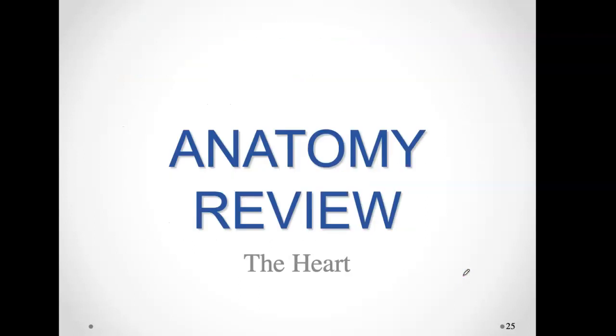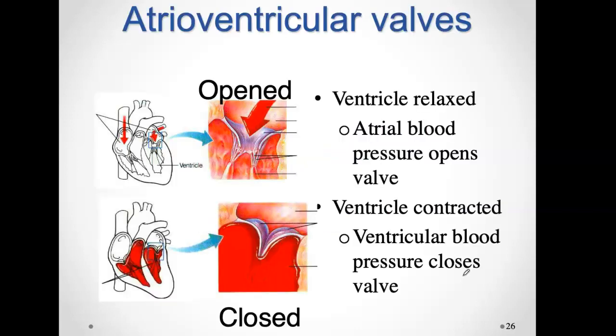A short anatomy review on the heart follows, just to make sure that you remember all the valves, because it's going to matter. You have to understand how blood is moving through these. So let's remember the atrioventricular valves. If they're atrioventricular, it means they're going from the atrium to the ventricle. When these are opened, it means that the ventricle is relaxed.